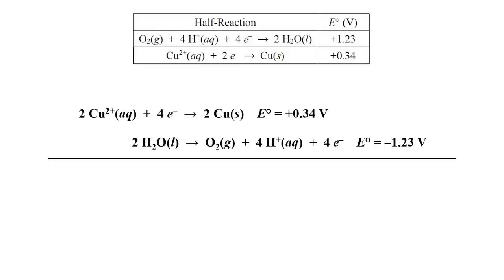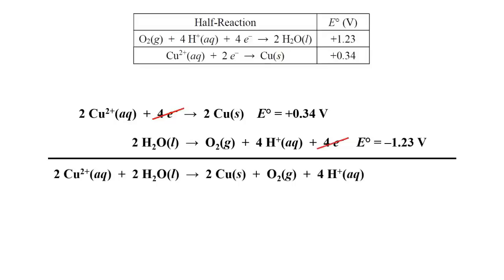All right, so earlier in part D, we had to add these two equations together. And as you can see, the electrons gained in the reduction half reaction are the same as the electrons lost in the oxidation half reaction. So there's our overall equation. That was the answer to part D. So what about the cell potential? It's going to be the sum of the cell potentials for the two half reactions added together.